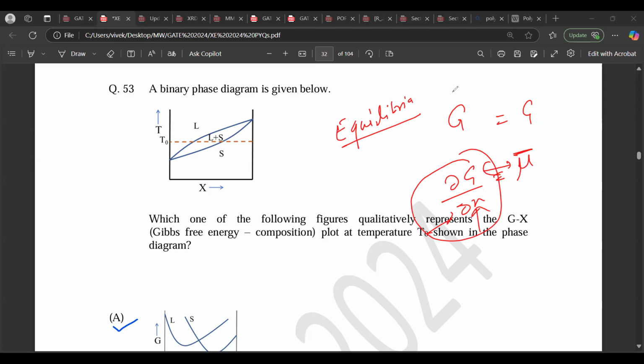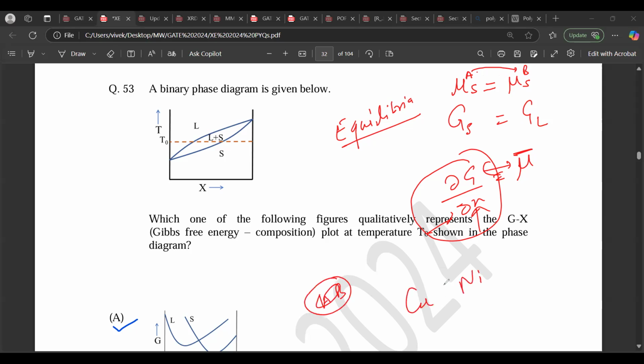So your mu of a particular element A in solid should be equal to the chemical potential of the different element in the same phase. The phase is the same, and the individual elements' chemical activity, or chemical potential, should be the same. That is the solid and liquid criteria for equilibrium. Like two elements A and B, let's say copper and nickel you're mixing.